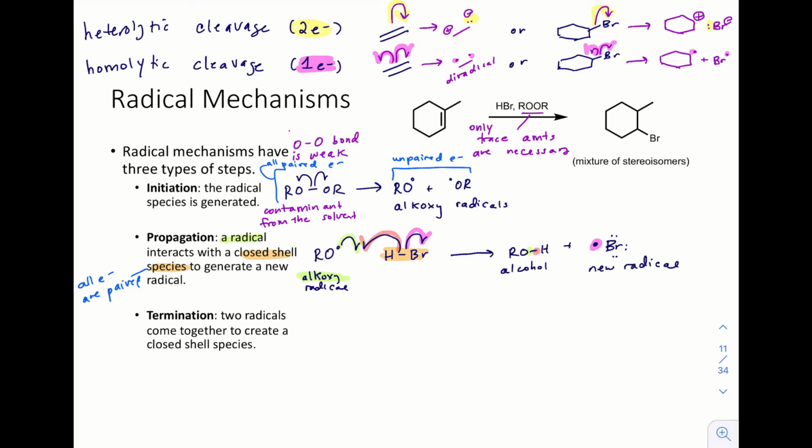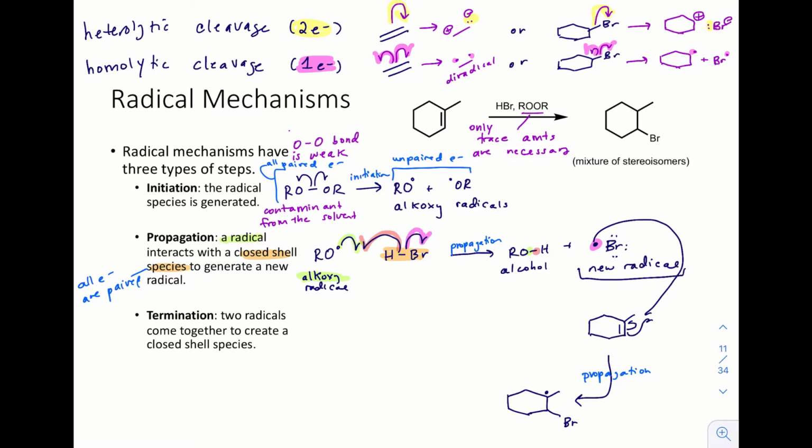Okay. So this new radical can continue reacting, and in fact, the bromine radical will react with the pi bond of the alkene. The unpaired electron on bromine is now making a bond with one of the electrons from the pi bond.